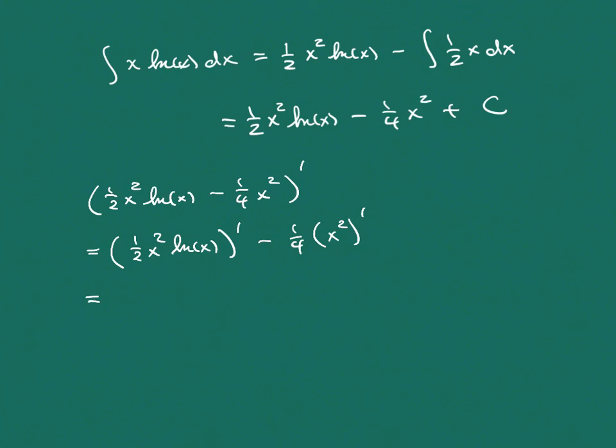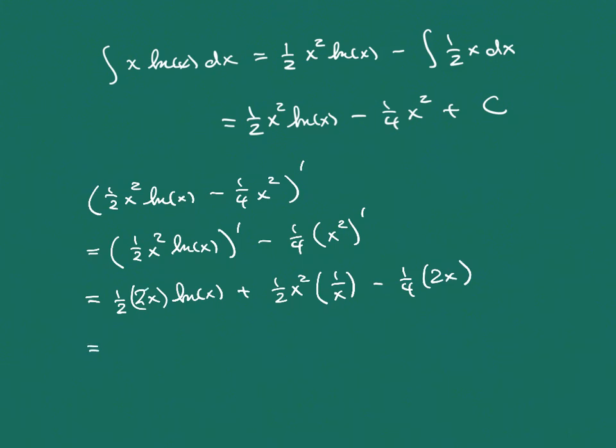So the first one, we use the product rule. So we've got 1/2 times the derivative of x squared to give us 2x times the natural log of x, plus 1/2 x squared times the derivative of natural log, our 1 over x, minus 1/4 times the derivative of x squared to give us our 2x.